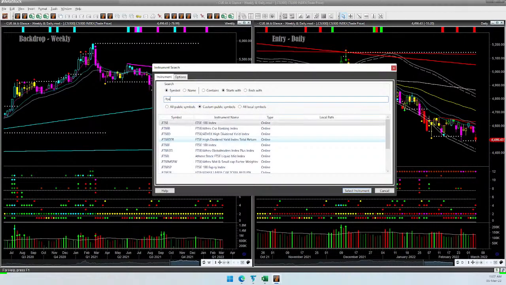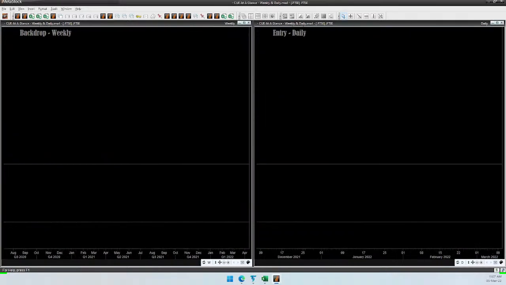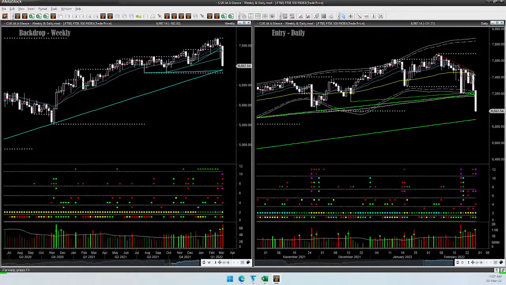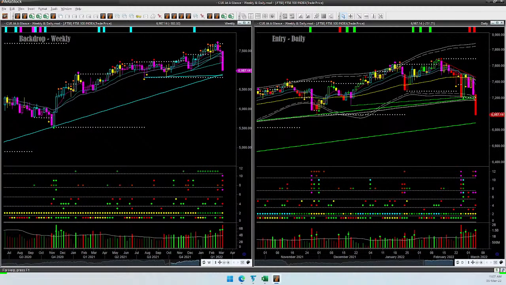FTSE index, UK market. Here the uptrend is now broken. For several weeks I showed that though the global markets were moving sideways or coming down, FTSE was in an uptrend for a long time.